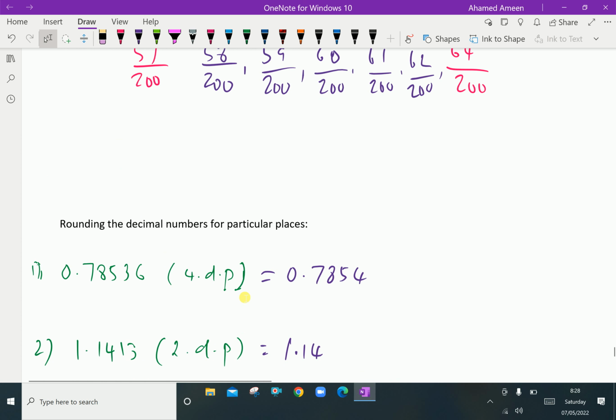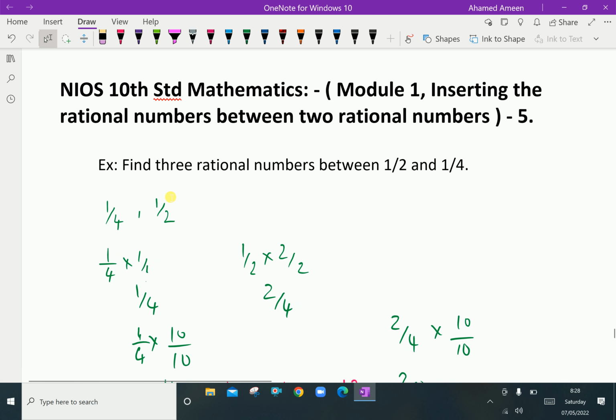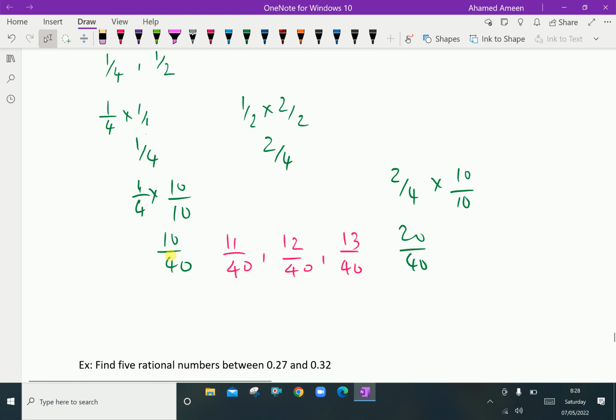Here, what we have done so far is, first we found 3 rational numbers between the given 2 rational numbers. That means we have to enlarge the denominator by multiplying up and down by the same number. Then we get 10 by 40 and 20 by 40. In between 10 and 20 we can insert 11 by 40, 12 by 40, 13 by 40.